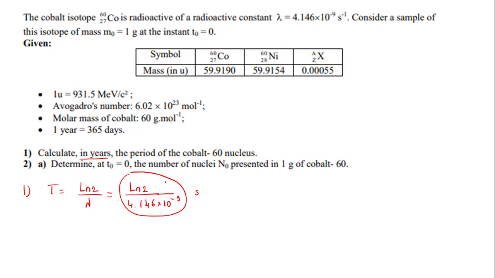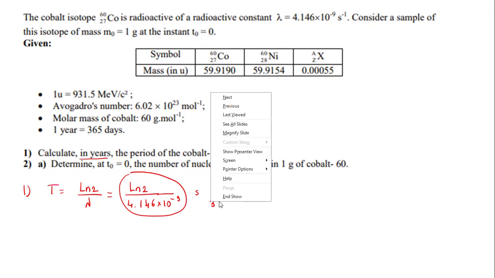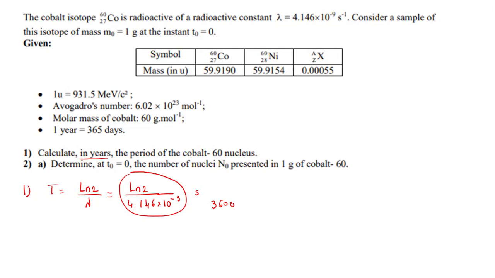So I should divide all this number, first to reach years. I have to divide first by the number of seconds in an hour, 3600, then by the 24 hours in a day, and then by the number of days in the year.